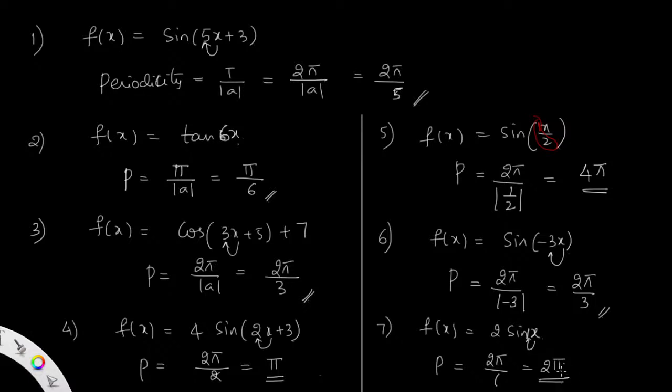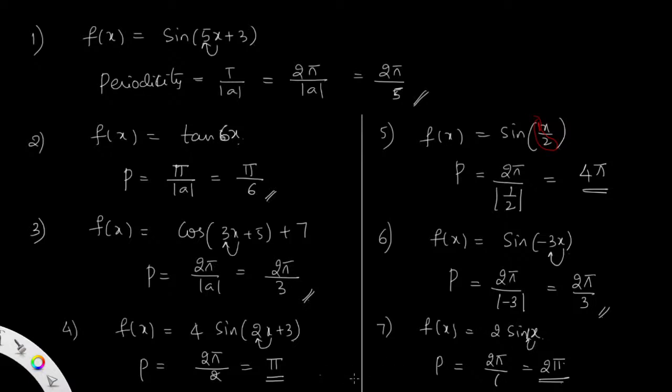So the 2 sin x graph also repeats every 2 pi. Is there a change in the function? No. So the period only changes when x gets multiplied by something. It depends only on the function, so for 2 sin x the x coefficient is 1.